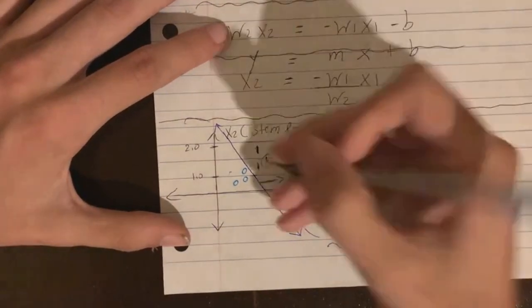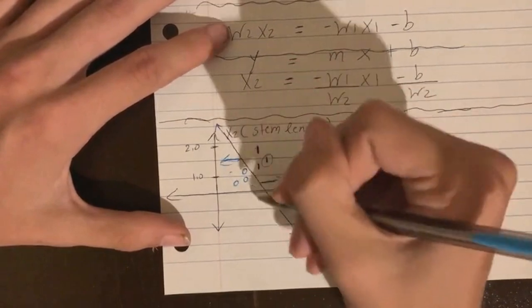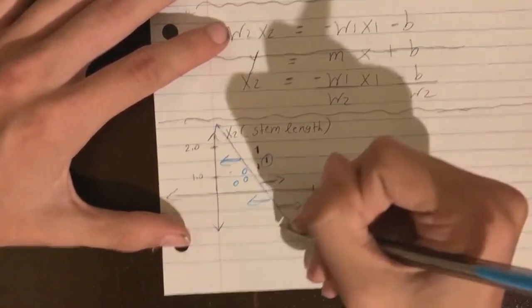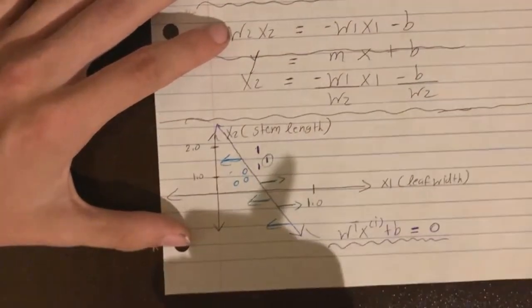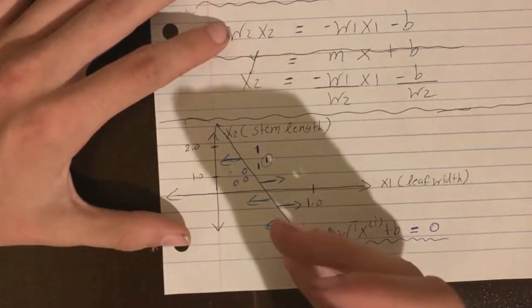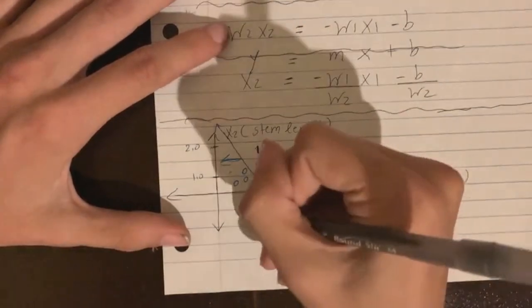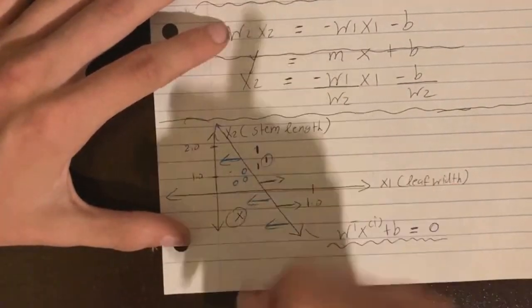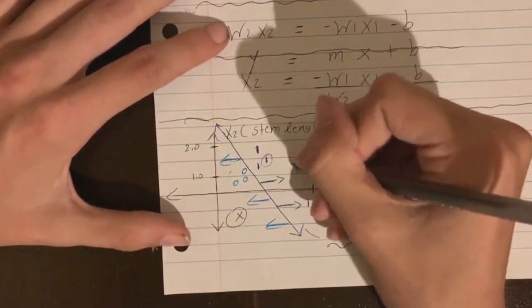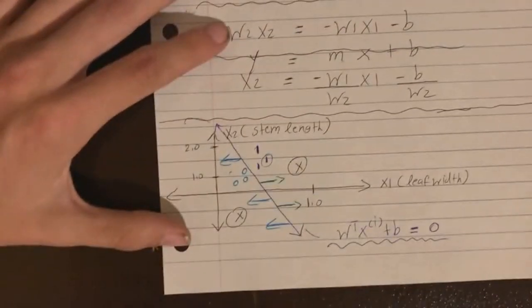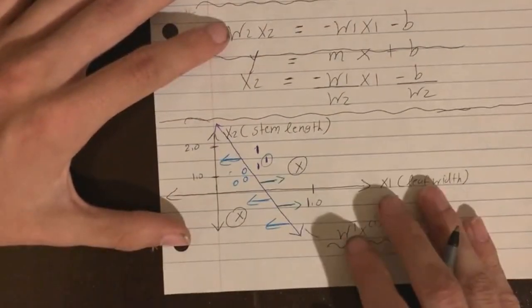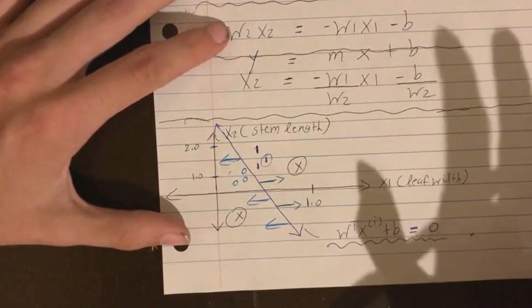And if you're to the left of this line, then you're classified as Iris setosa, or class 0. So if I had a data point here, it would be classified as Iris setosa, and if I had a data point here, it would be classified as Iris virginica. But how do we do that mathematically?